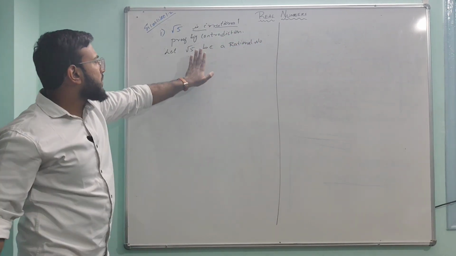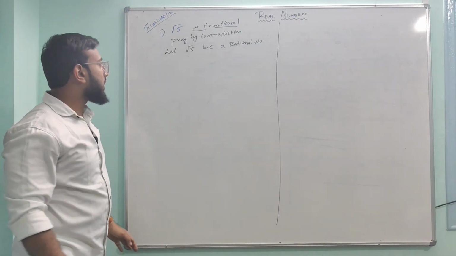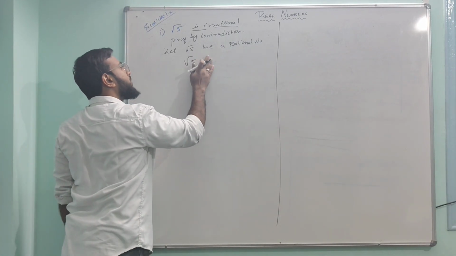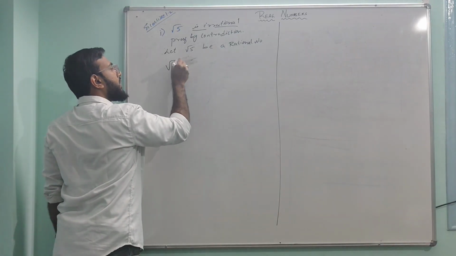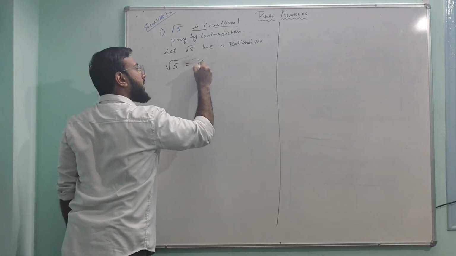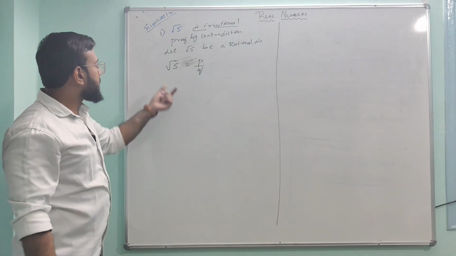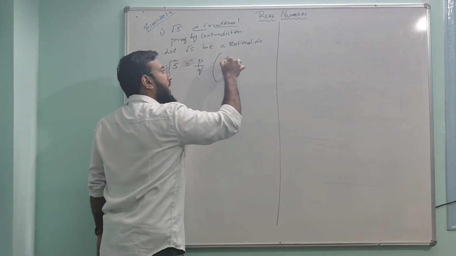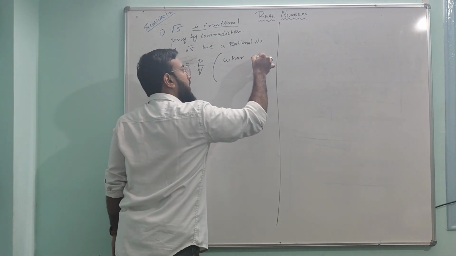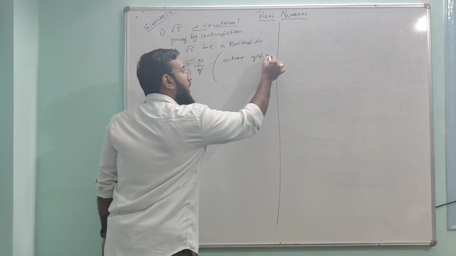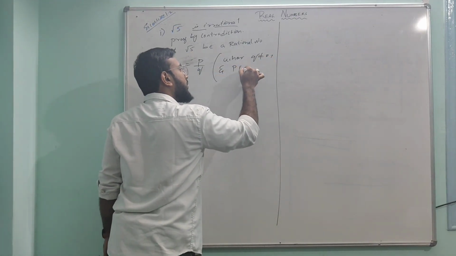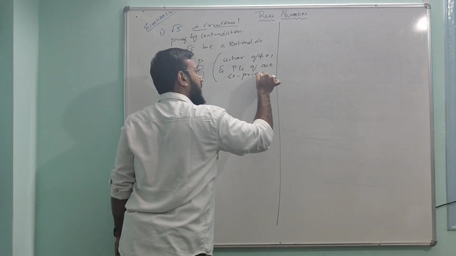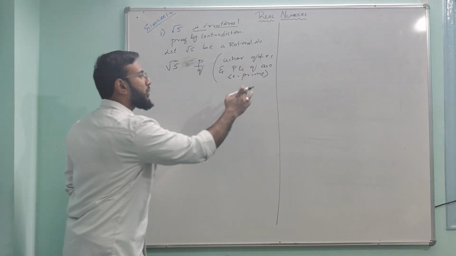Okay. We're assuming root 5 is a rational number. We know that a rational number is in the form of p by q, correct? I'm assuming root 5 in the form of p by q, where q is not equal to 0 and p and q are co-prime. What is meant by co-prime?